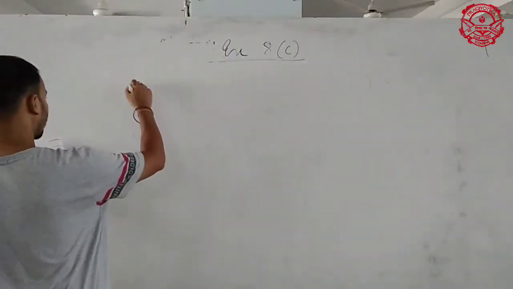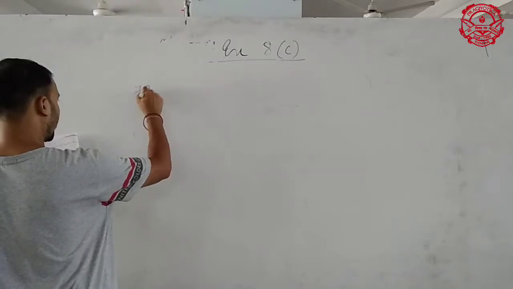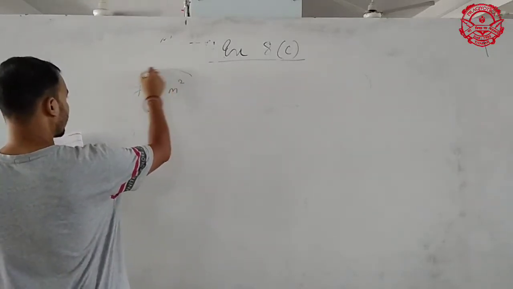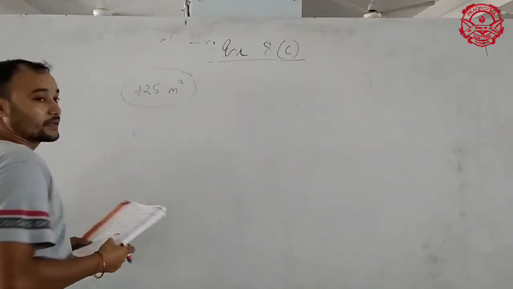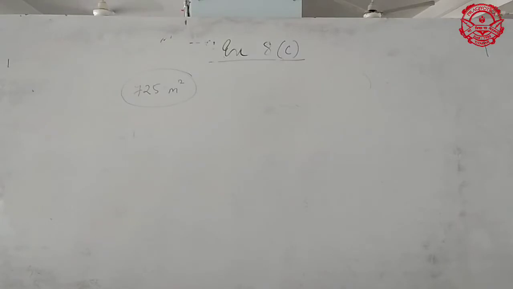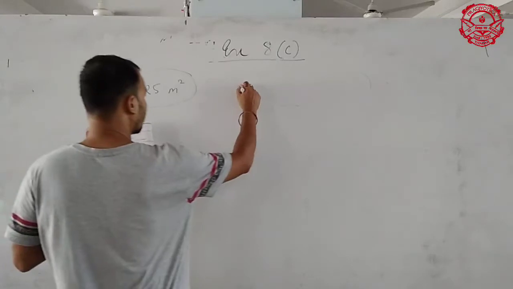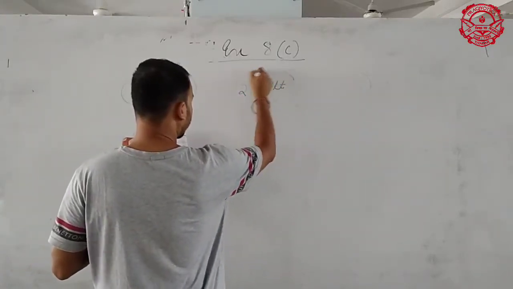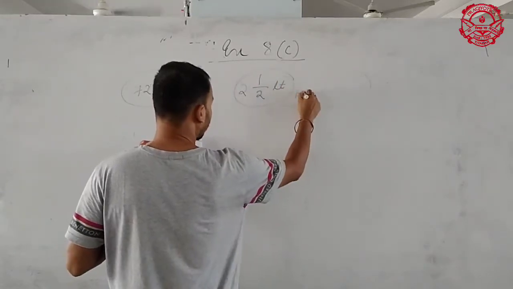They are painting a particular area of 725 meter square. In order to paint that, the painter requires 2.5 liters of paint. This is the amount of paint required.